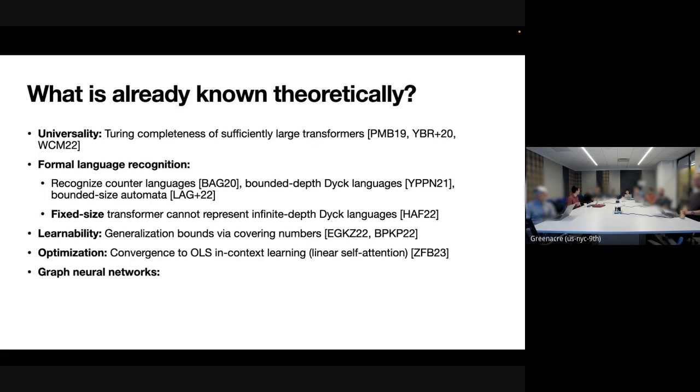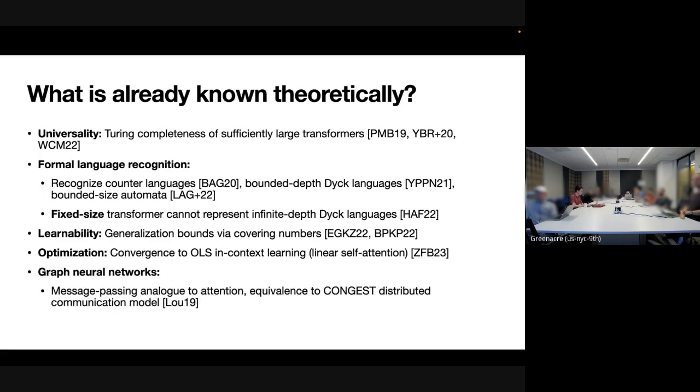And then finally, this paper doesn't get into it too much, but I think there are some decent analogies between what we talked about here and graph neural networks. There's some interesting theory that I think has been proven about graph neural networks that could be related to transformers. One of these things is that you can frame a graph neural network as a kind of message passing algorithm, and there's an equivalence to this communication complexity or distributed computing communication model called the CONGEST model that's been formalized there with graph neural networks and been shown to show the limitations of those.